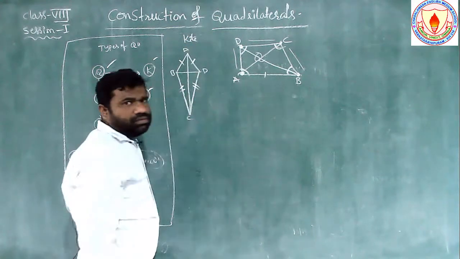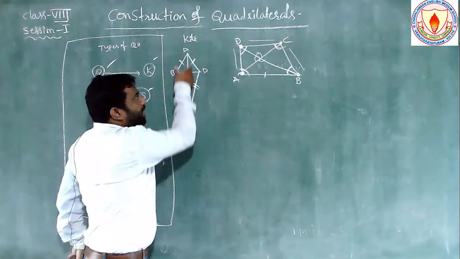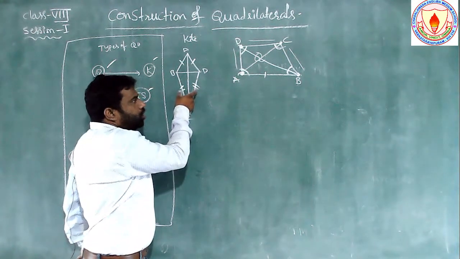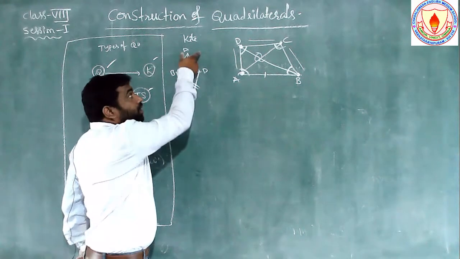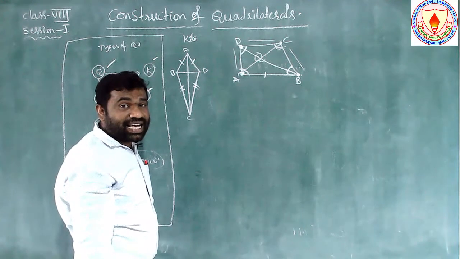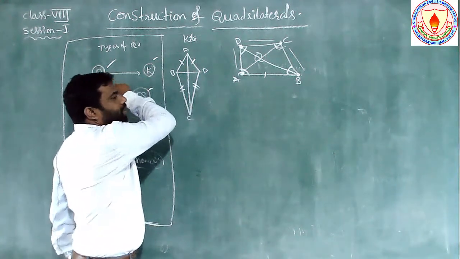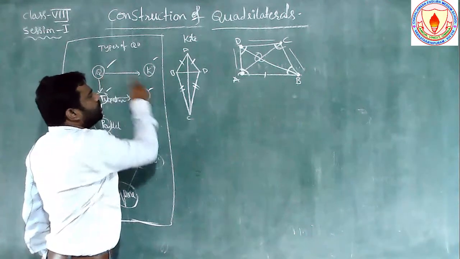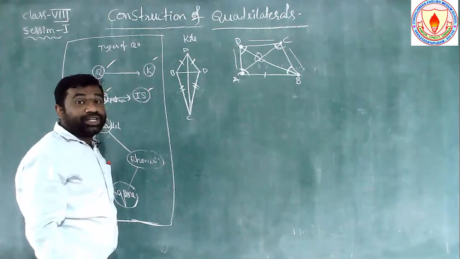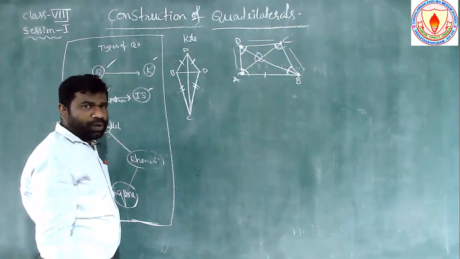What is a kite? In a quadrilateral, two pairs of adjacent sides are equal but not the opposite sides.